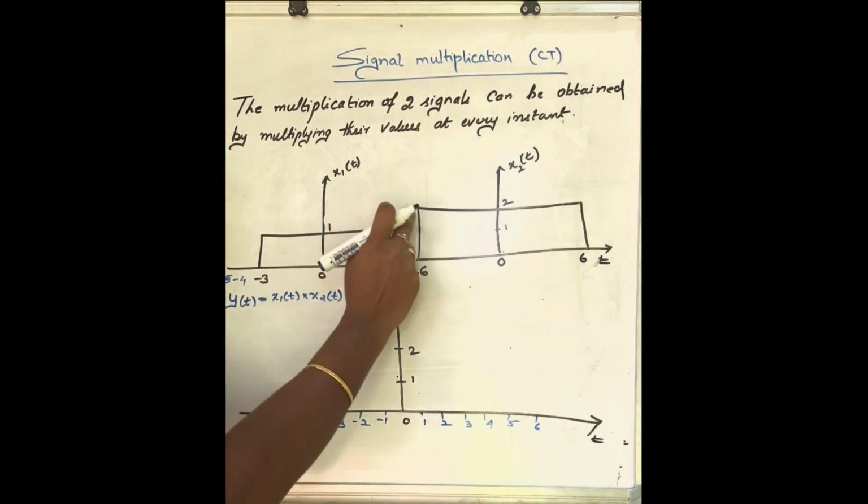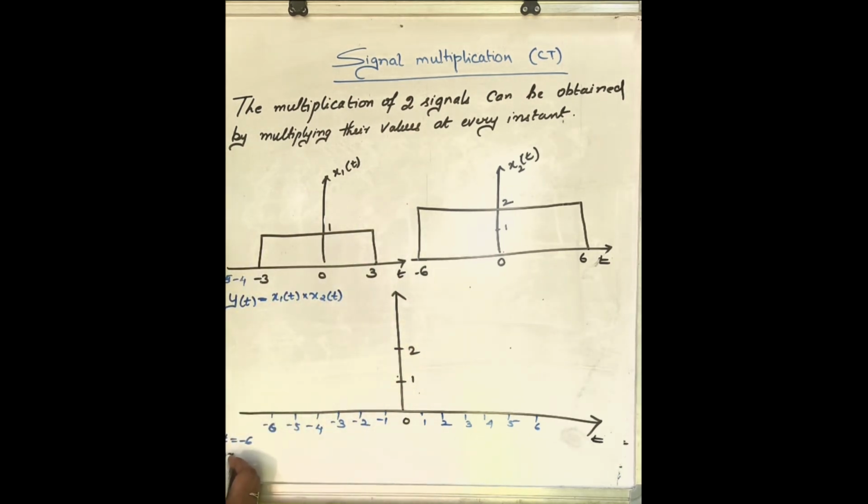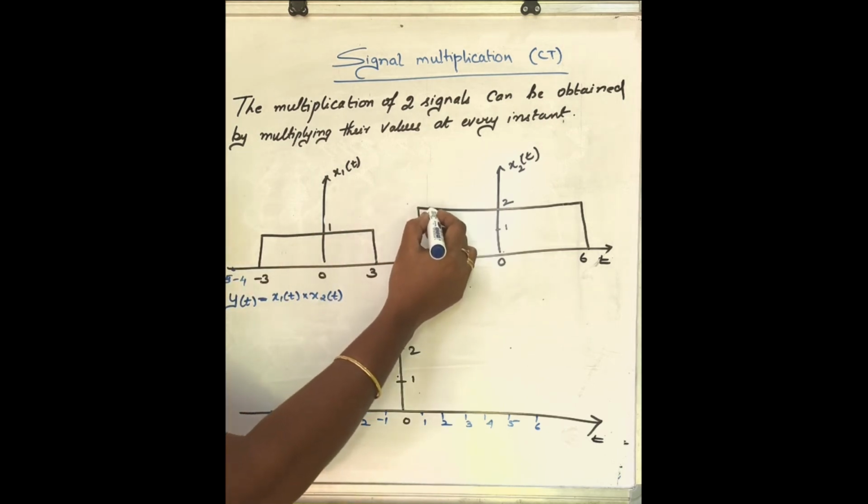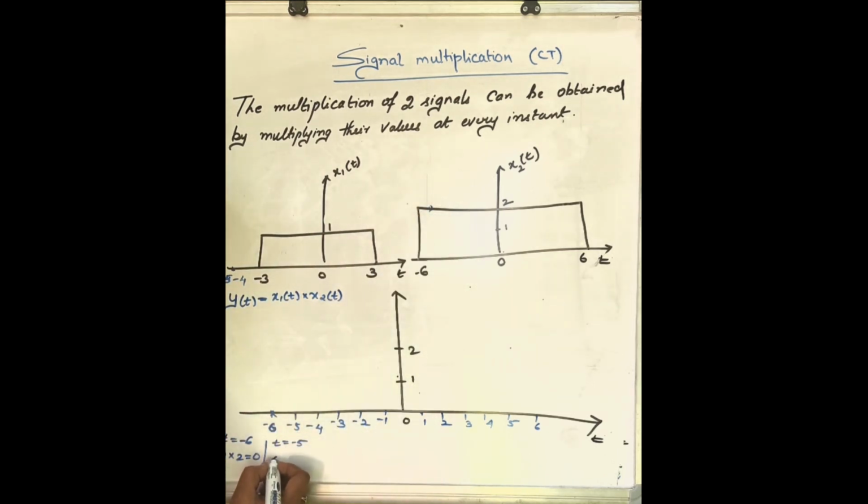So 0 into 2 will give you 0. So here it is 0. Next, at t is equal to minus 5, you have 0 here and 2 here. So again 0 into 2 will give you 0. So this point is again 0. For minus 4 also it will be 0.